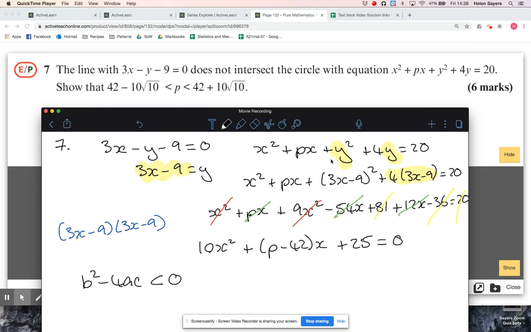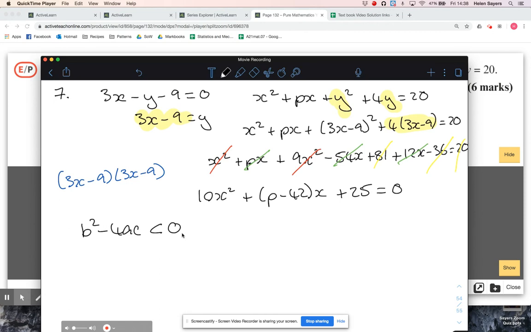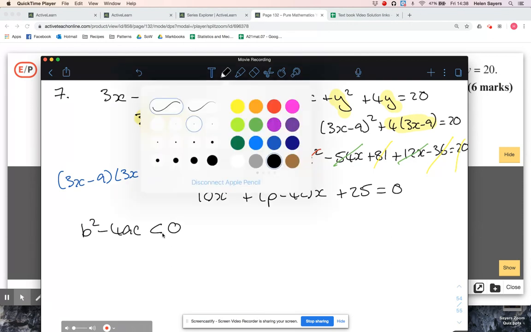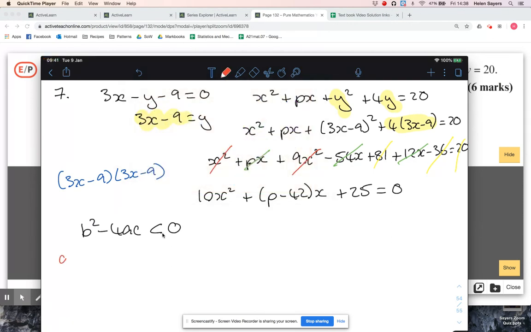Thinking about this type of question, if it had said they just touch, that would be when the discriminant equals 0, because it would mean repeated roots, which is one answer. And if it said that they do intersect, this would be greater than 0. So a is 10, b is p minus 42, and c is 25.